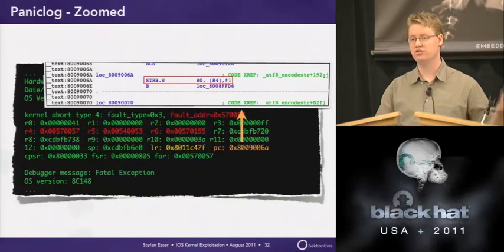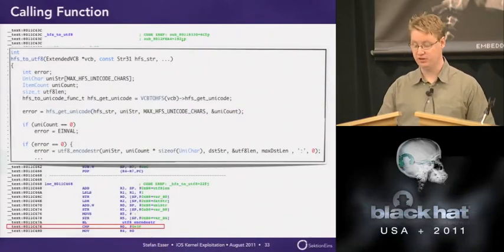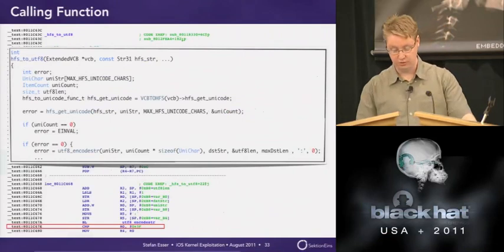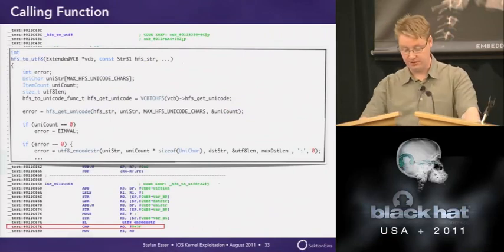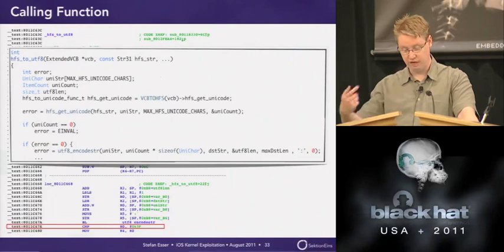So you go to the function addressed by the link register, and you will end up in this function. This is source code from XNU, so it's easier to see. Basically, the crash occurs inside the call to the function at the bottom, the UTF-8 encode string, and you can see that the overflow is supposed to happen in the first function.